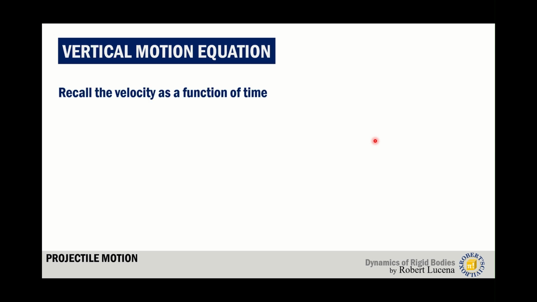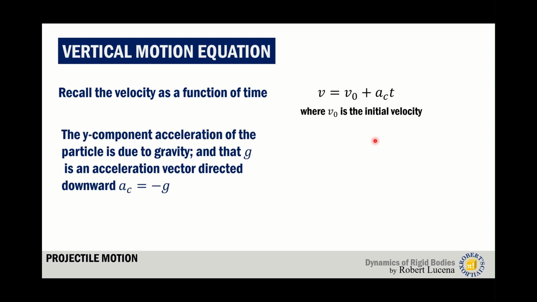For the vertical motion, it is noted that it's not constant throughout the flight, but it is influenced by the acceleration due to gravity. And using the same equation of the velocity as a function of time, where v sub 0 is the initial velocity, the y component acceleration of the particle is due to gravity, and we can simply replace a_c with a negative g.